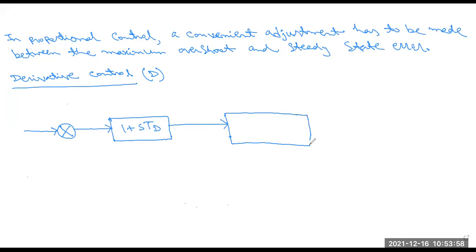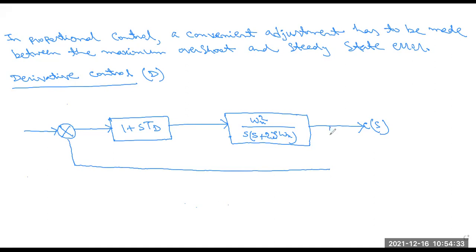We know the second order system expression discussed previously: omega n square by S into S plus 2 zeta omega n. Then finally we get the output. Here we attach one feedback loop, a unity feedback, meaning the feedback factor is 1.